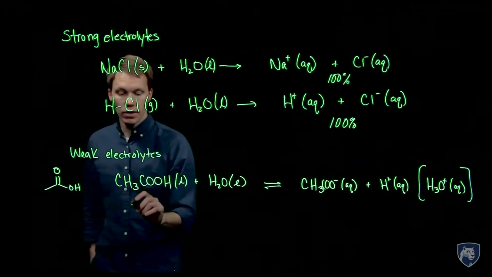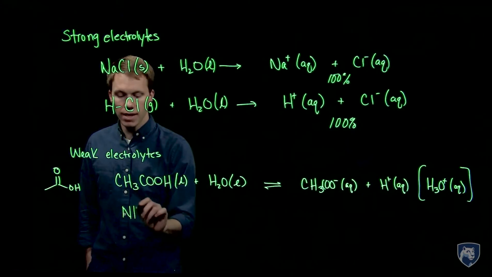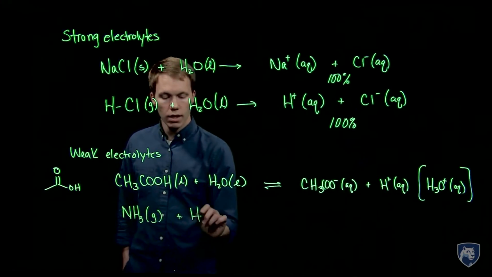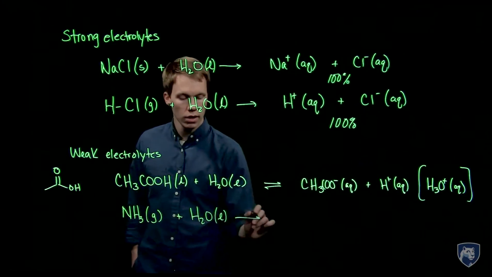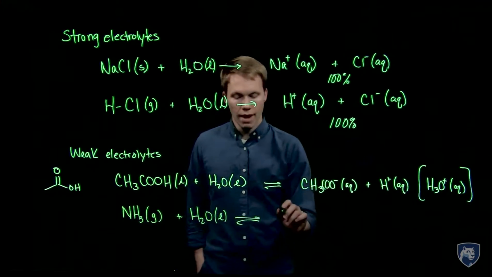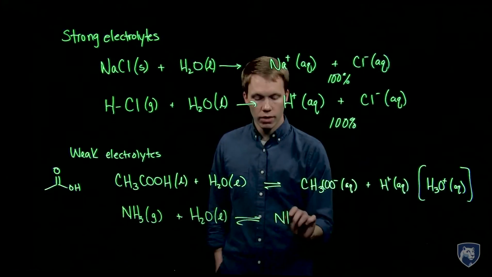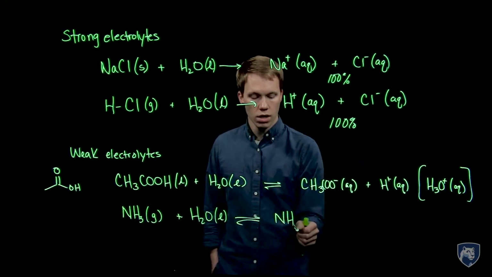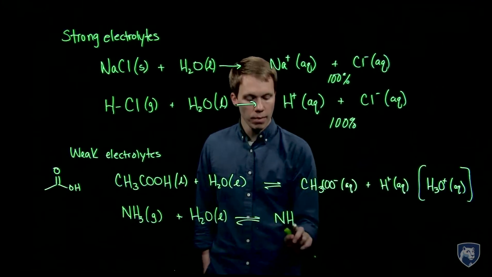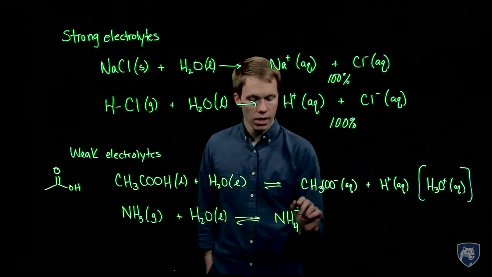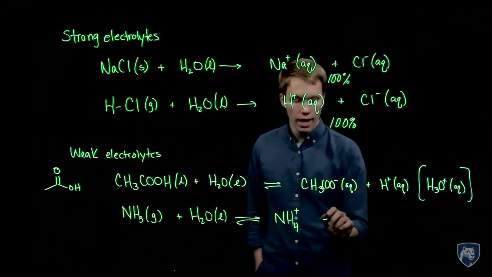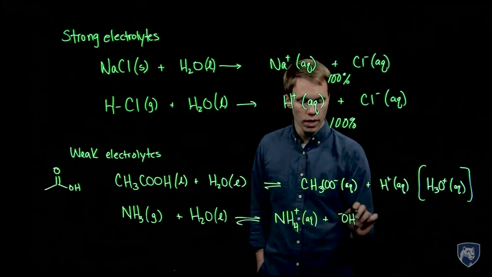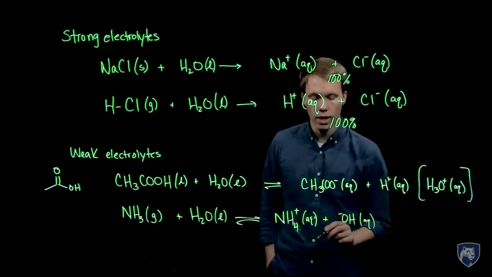And another type of weak electrolyte is a weak base, like ammonia, which is a gas mixing with water. We have an equilibrium again established here. We get NH4 plus. This will pick up a proton, as a base does, from water and generate some OH minus here as well.